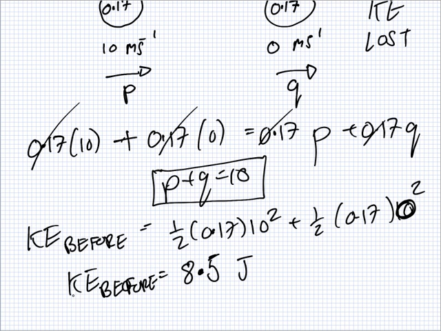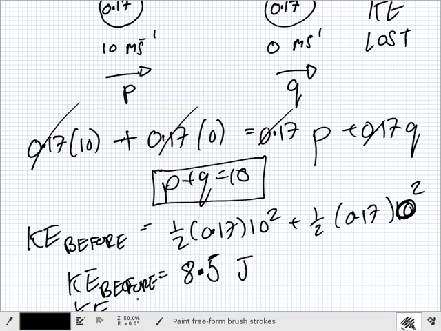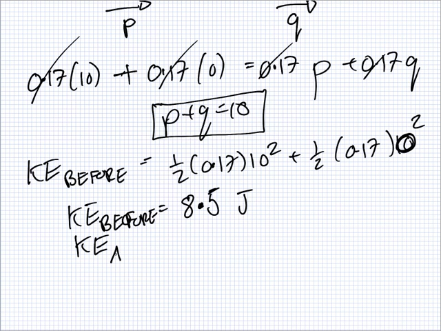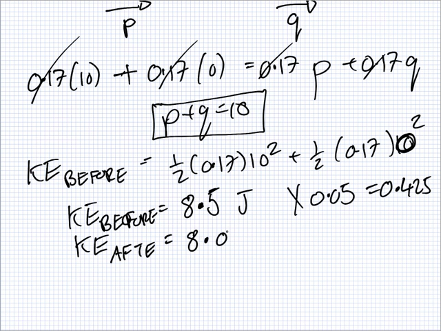Now, what is the kinetic energy afterwards? Will it be more or less than this? Less. How much less? 5% less. So, can you just multiply this number by 0.05 and we'll figure out what that is? 0.425. Okay, now we need to take that away from this. So that would be 8.075 joules.